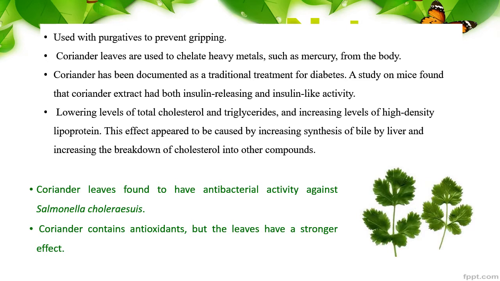This is due to increasing bile synthesis or bile formation by the liver, and increasing breakdown of cholesterol into other constituents. The leaves also have antimicrobial activity against salmonella. Coriander contains antioxidant constituents, but the leaf has a stronger antioxidant effect.